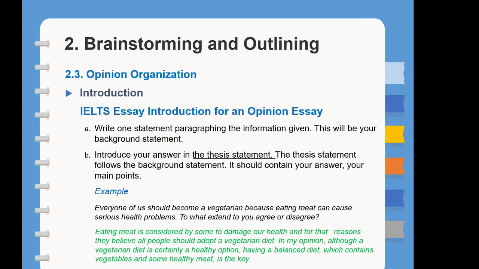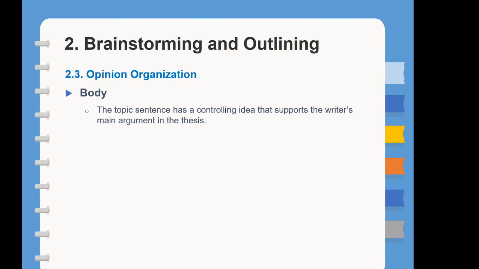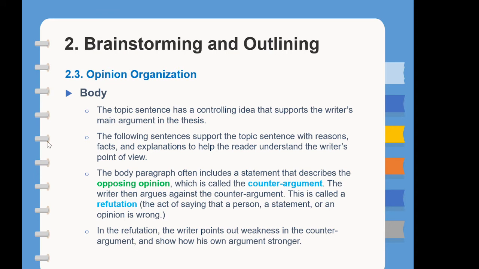Okay, and next we move to the body. So I'll show all the information here. Like other academic essay writing, the body paragraph contains the topic sentence and controlling idea that support the writer's main argument in the thesis.